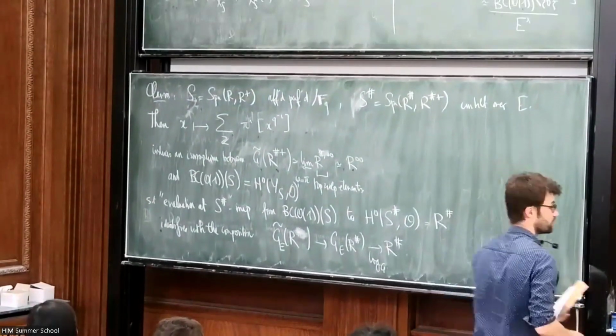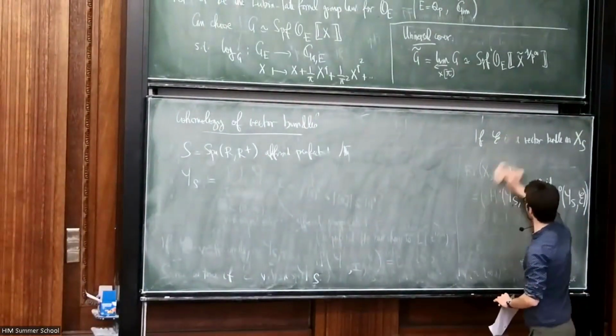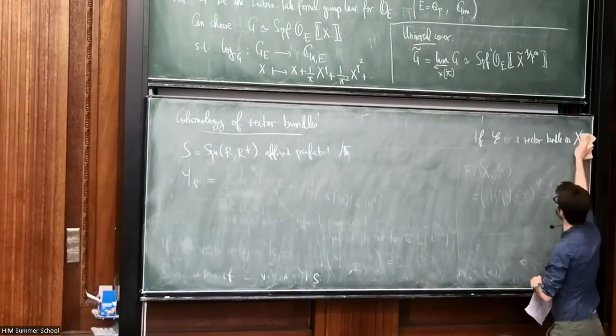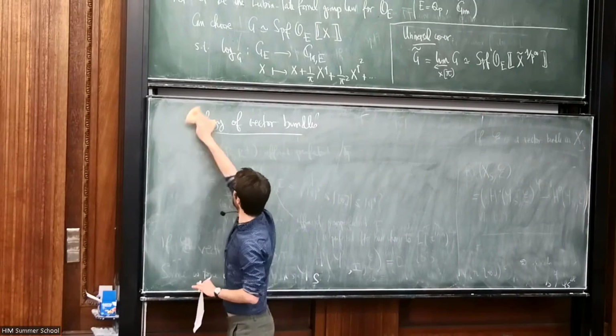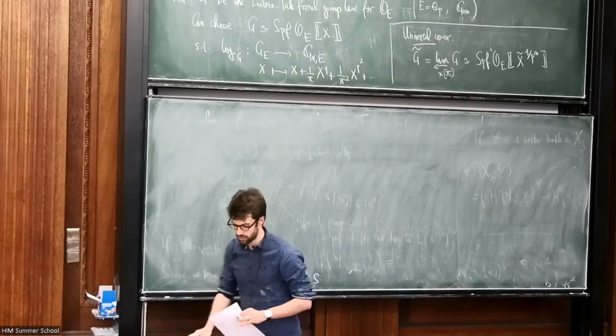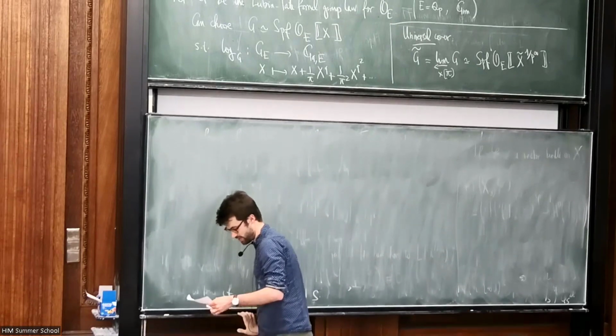Okay, so maybe now let me state the main proposition about cohomology of vector bundles coming from isocrystals, and say something about the proof, maybe.